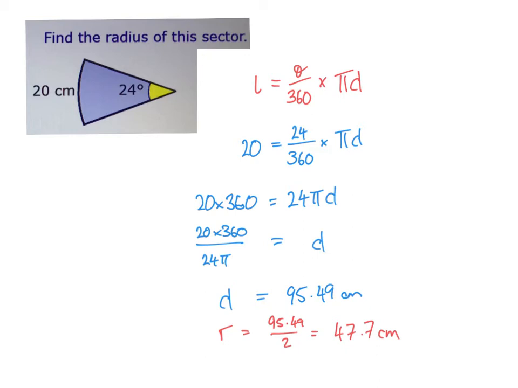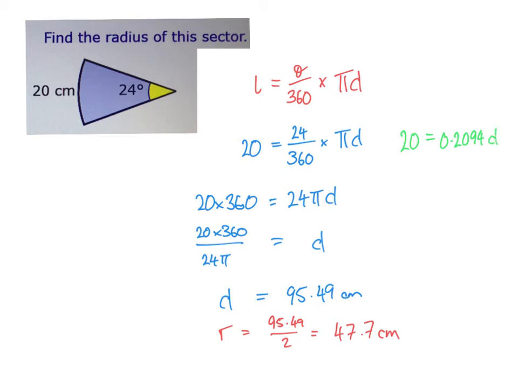As I said, the other thing that we could have done is say, okay, 20 is equal to 24 divided by 360, and then multiply that by pi, we could say that's 0.2094 d.